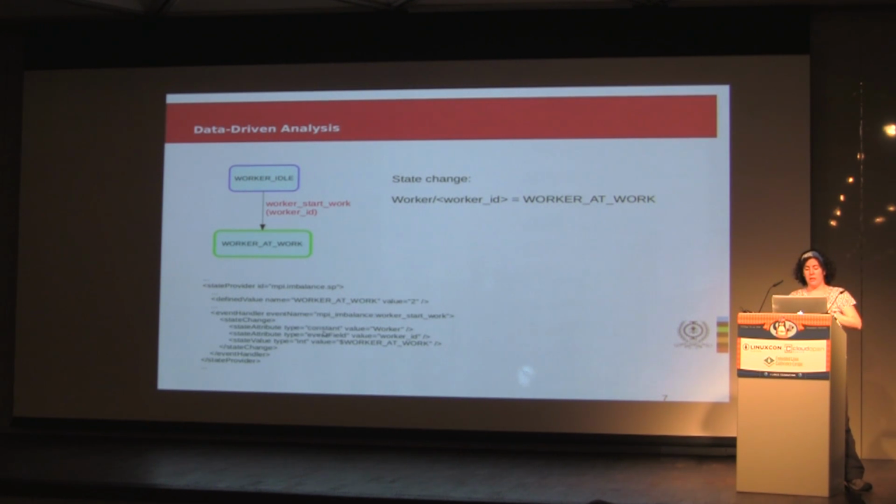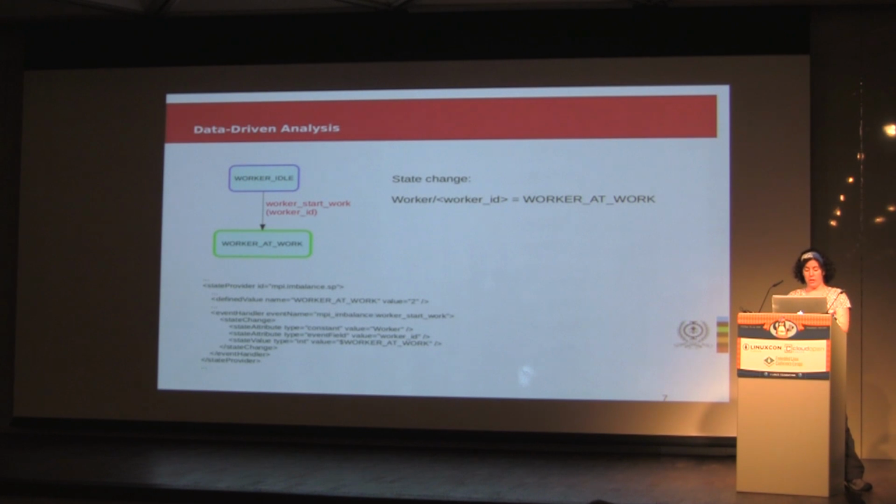We'll change the state of worker / we use the event field worker ID, and that becomes the value of worker at work. So we do that for every transition we have in our system, and with that we will get a history of the state of every attribute, so every worker, and we also have one for the server.